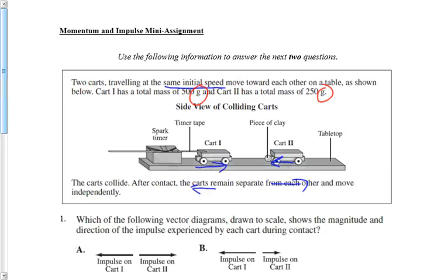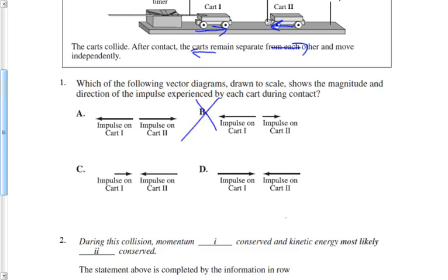So if one object gains 10 units of momentum, the other object must lose 10 units of momentum. In other words, one's going to be a positive 10, one's going to be a negative 10. That eliminates B and C right now. We can scratch those out right now because those two are showing us 2 impulses that have different magnitudes. That leaves us with A or D.